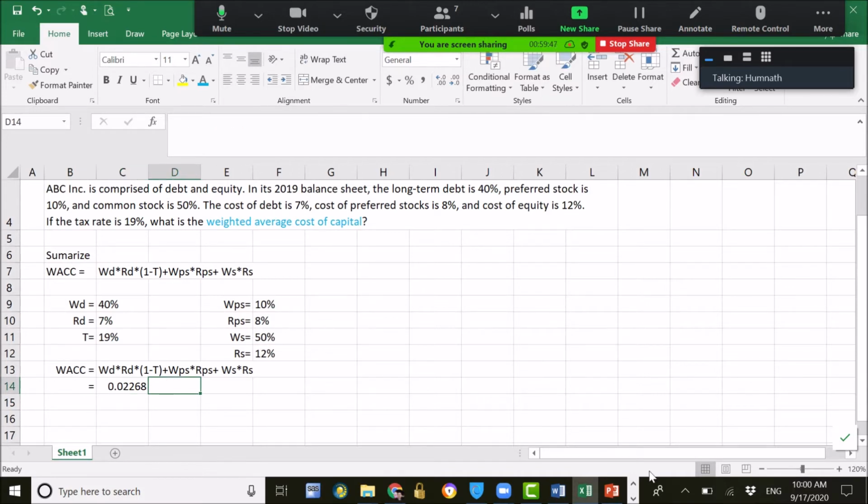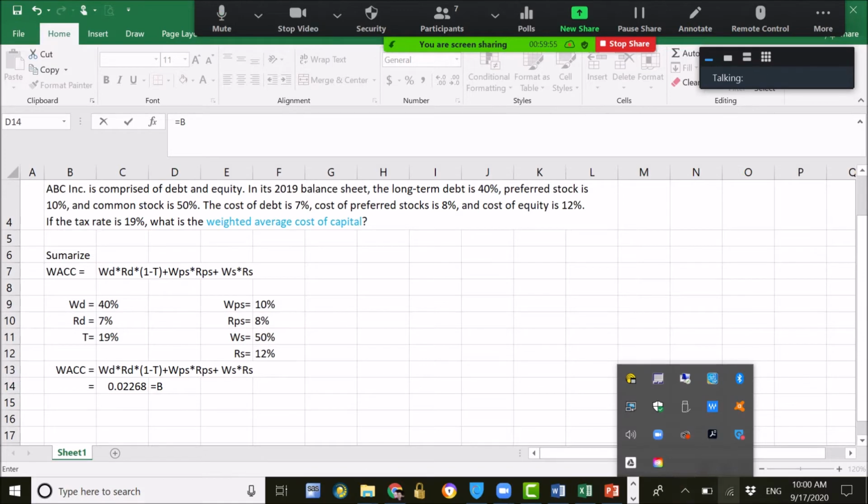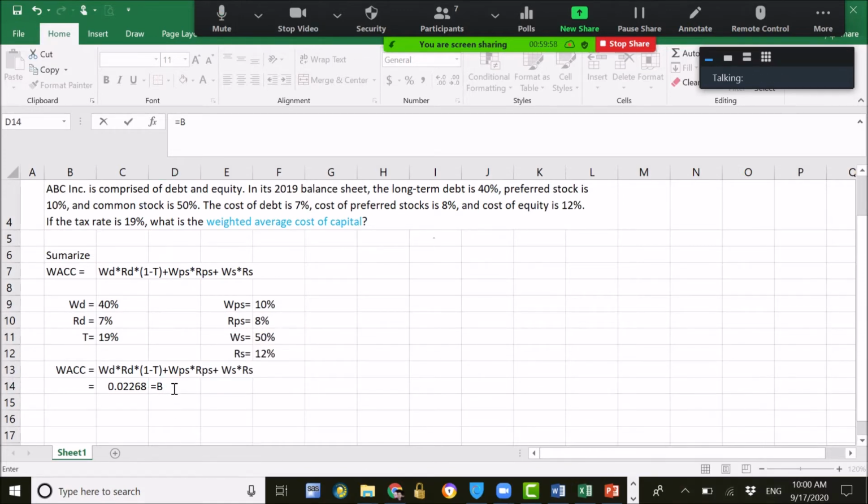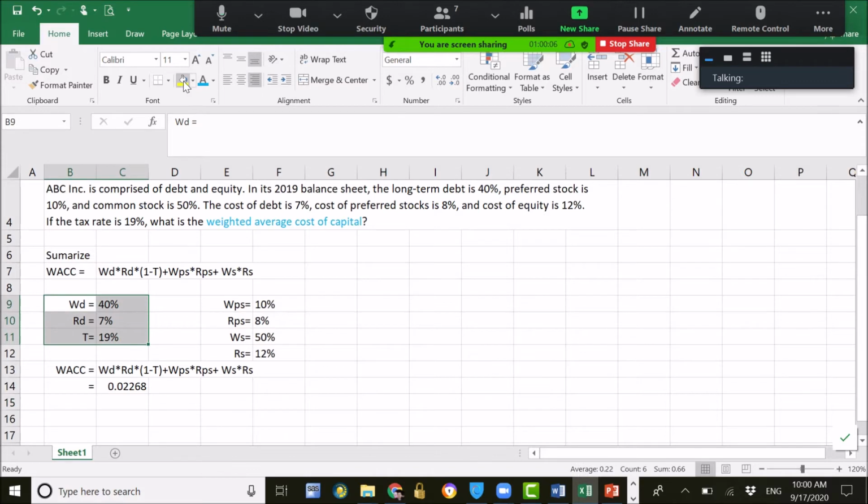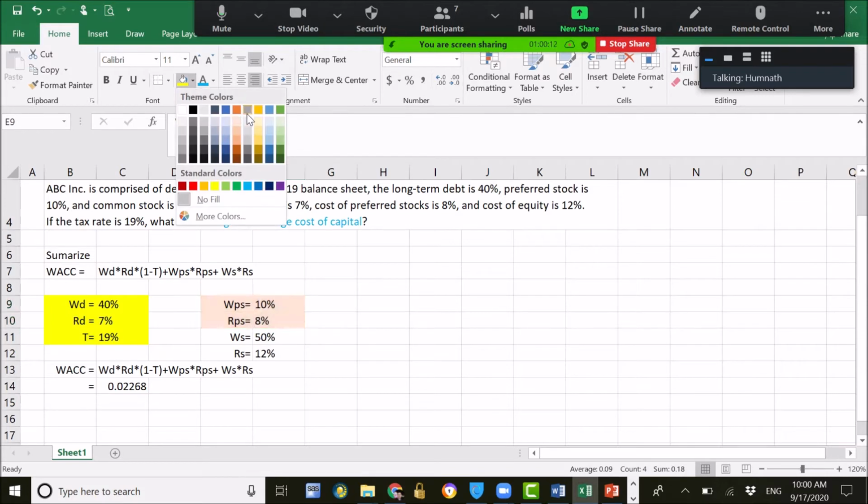Let me calculate the second component. So this is my first component, so I'm going to block that. So we have one block. We have 3 sources of capital, right?